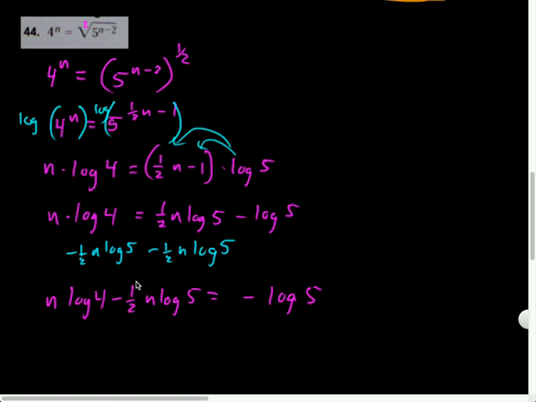So any guesses now what we could do? How could I get the n's together or by themselves? Well, it turns out I could factor an n out of both of those, and then I'll have only a single n left in the problem. So n times log 4 minus half log 5 equals negative log 5.